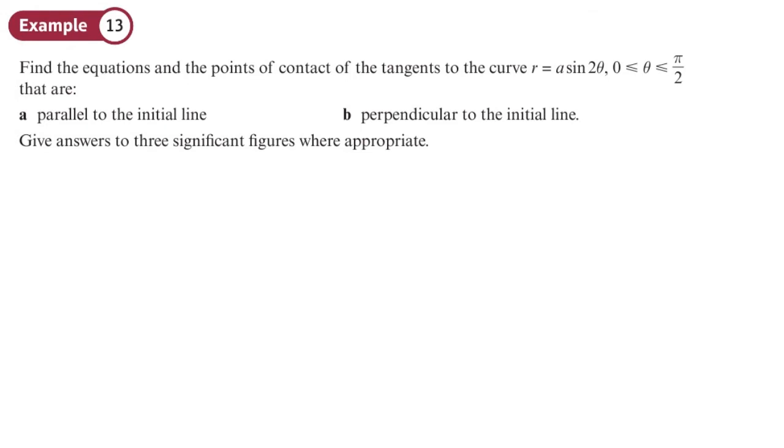So on to part B, we are finding the equations and the points of contact like before, but now it's perpendicular to the initial line, which means that dx d theta equals 0.